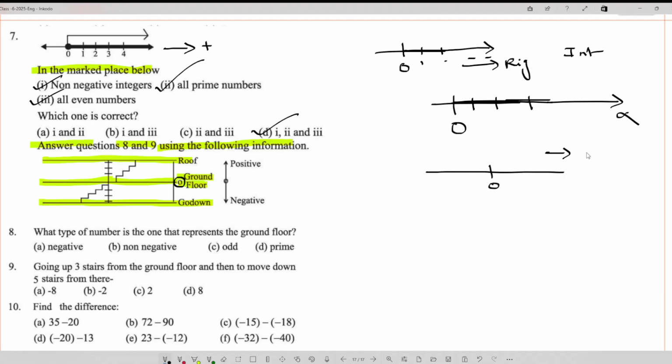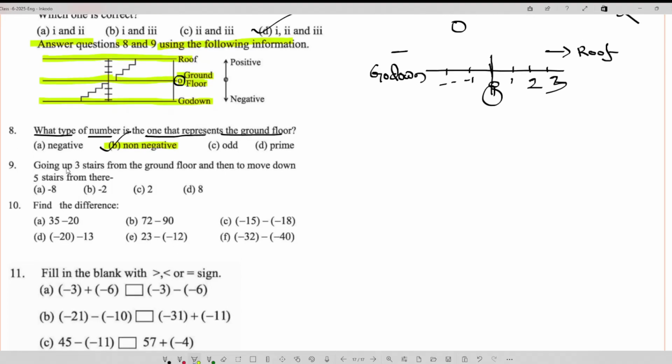Plus is the roof and minus goes down. So this is the minus portion and this is the plus portion. What type of number is the ground floor? It is 0, so it is non-negative.